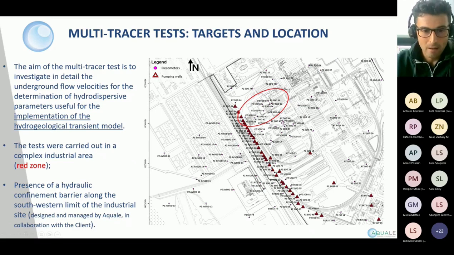The tests were carried out in a complex industrial area, here indicated in the red zone, with the presence of a hydraulic confinement barrier along the southwestern limits of the industrial site. This hydraulic barrier is managed by us in collaboration with the client, of course.